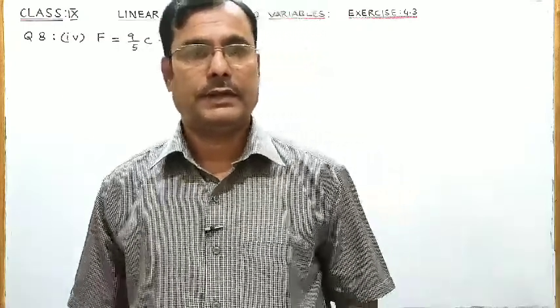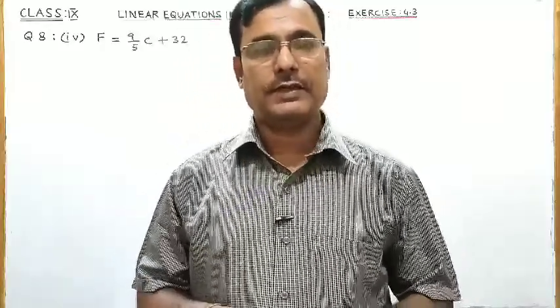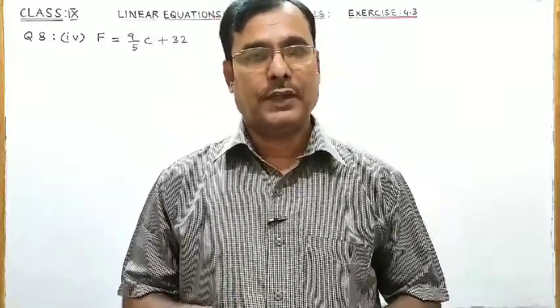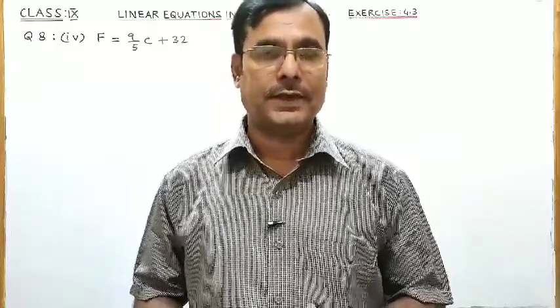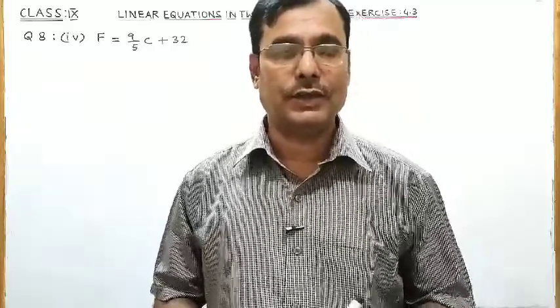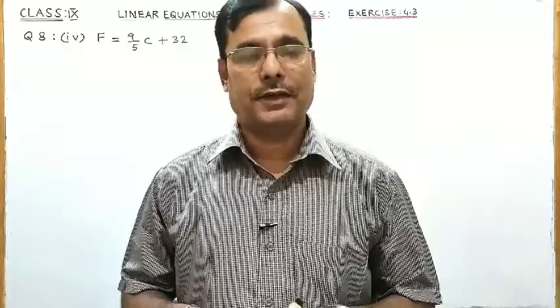Fourth part, if the temperature in Fahrenheit scale is 0 degree, then what is the temperature in Celsius? And if the temperature in Celsius is 0 degree centigrade, what is the temperature in Fahrenheit?